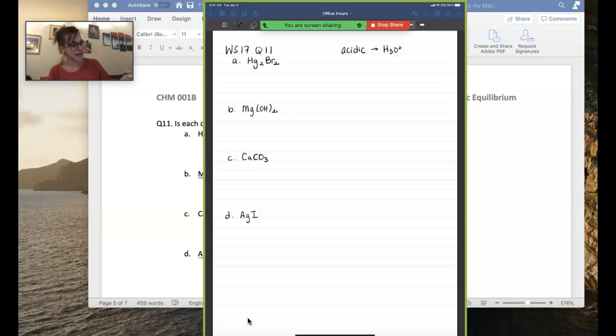When we look at the anion of this mercury bromide, we have bromide here, and if it were to react with the hydronium ions, it would make hydrobromic acid.